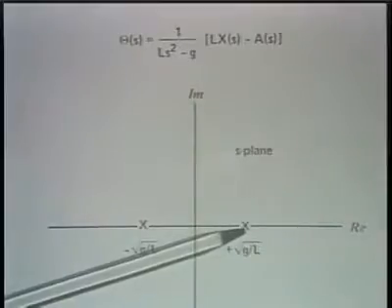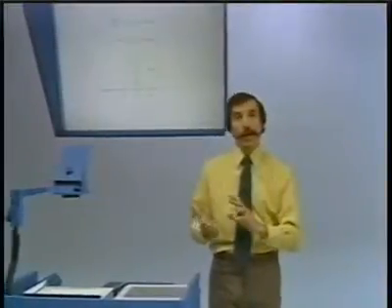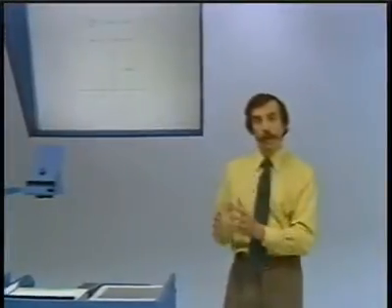And so this system, in fact, is an unstable system. It's unstable because we have a pole in the right half plane for the open loop system.